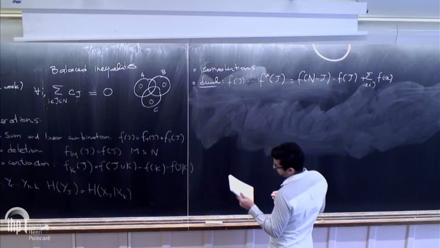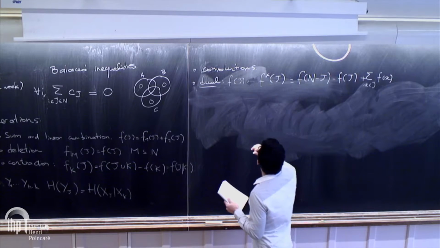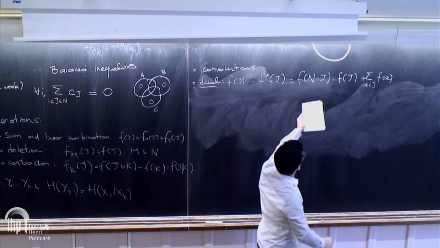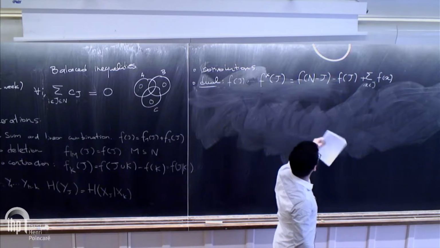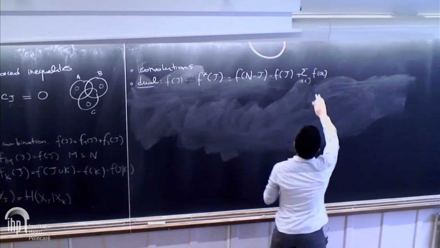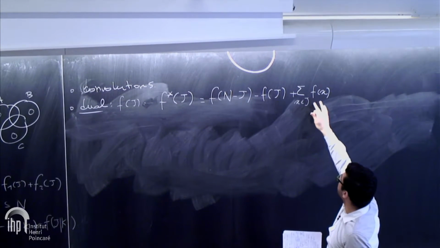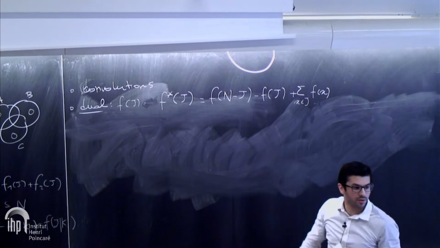The dual of f at J is f of the complement of J minus f of the full set, plus the sum of the rank function of all the singletons that are in J.